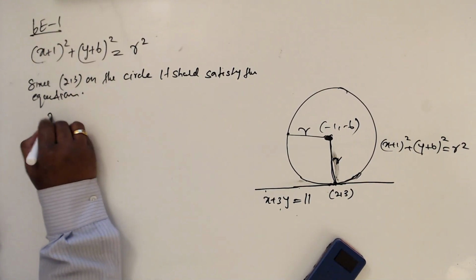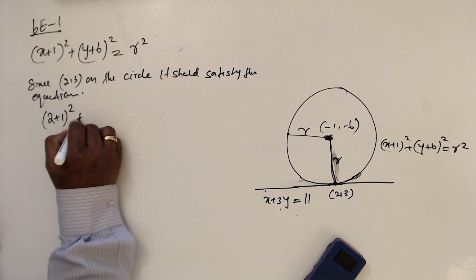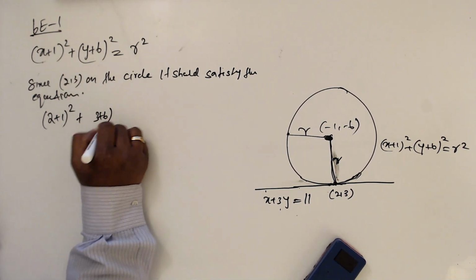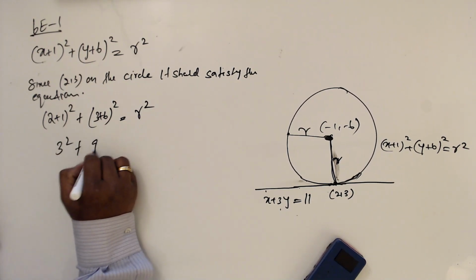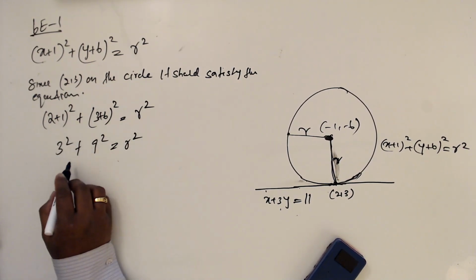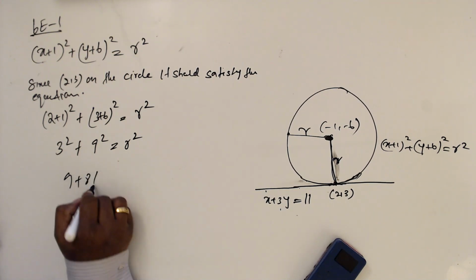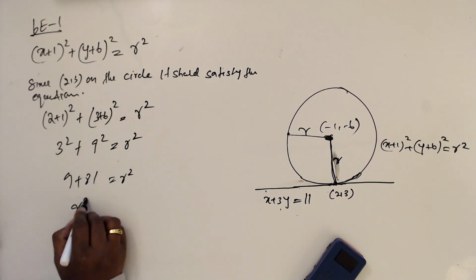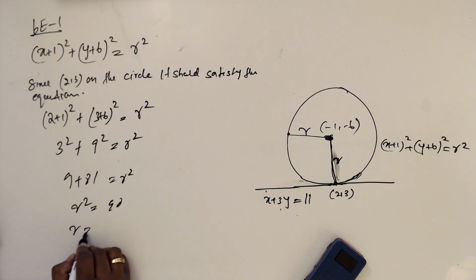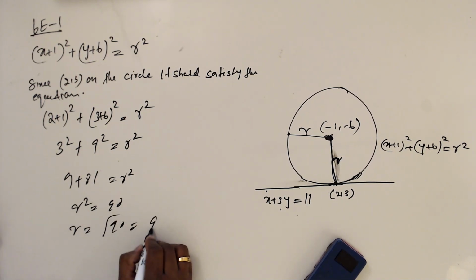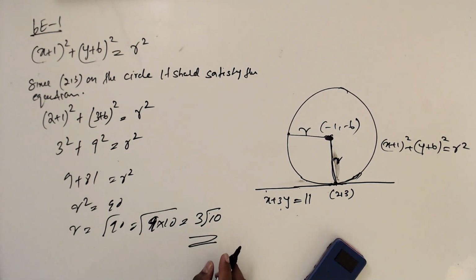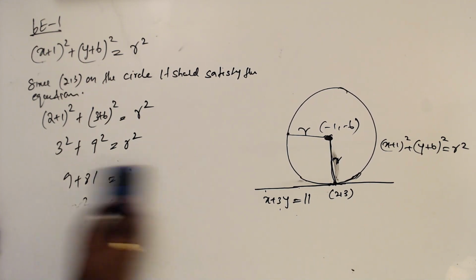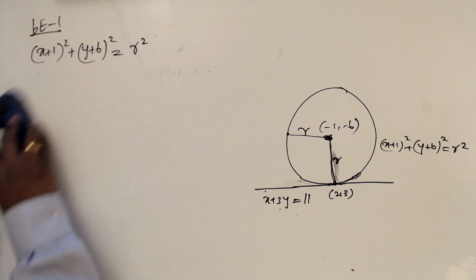Then the x value is 2 plus 1, squared, and the y value is 3 plus 6, squared, equal to r squared. 3 squared plus 9 squared equals r squared. 9 plus 81 equals r squared. r squared equals 90. r equals the square root of 90. It means 9 times 10, which is 3 square root 10. Part A is done.